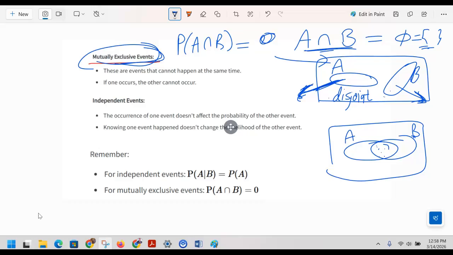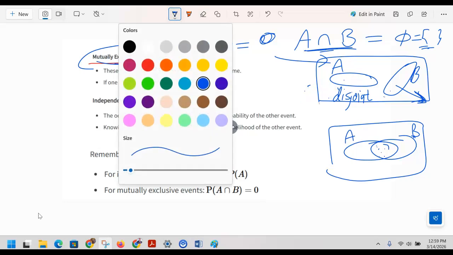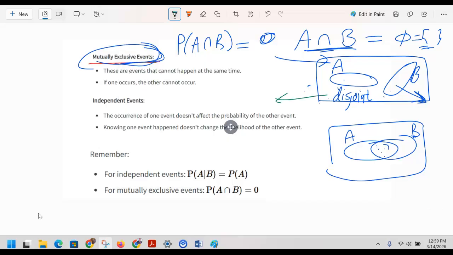When you pick a student from this class, either that student is a maths student, or he could be a chemist. He cannot be both. That's why it says here both cannot occur. If one occurs, the other one cannot.